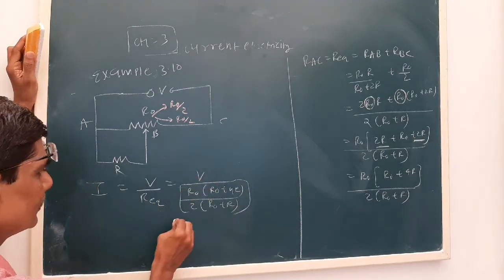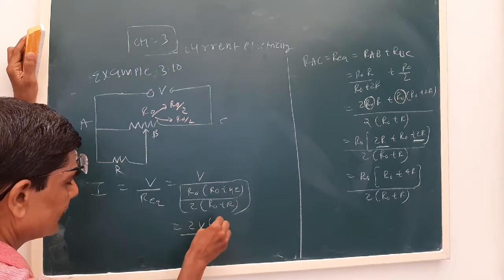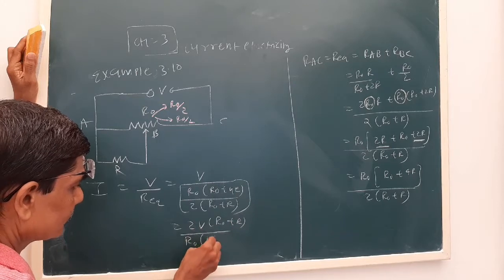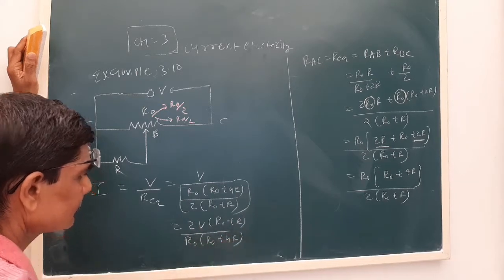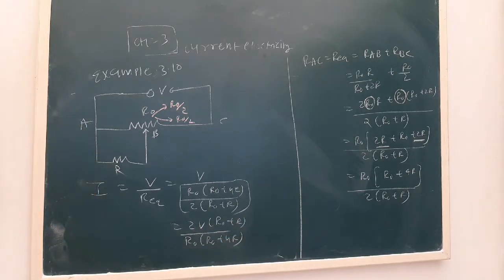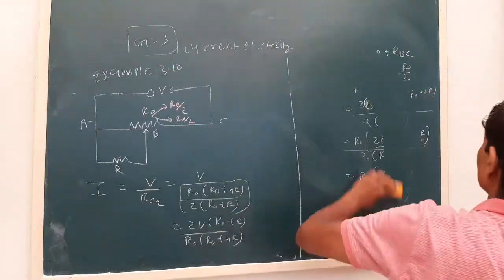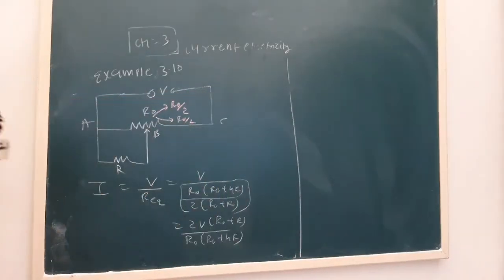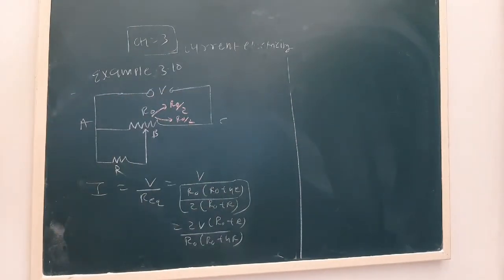So this will move to the numerator, 2V R0 plus R, R0. See, this is the total current in the circuit. Okay, this is the total current in the circuit.